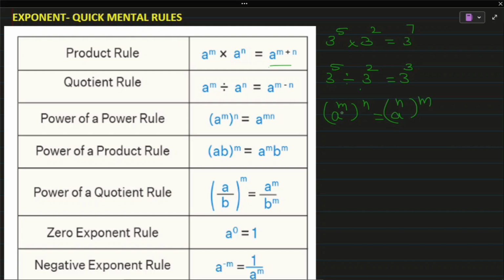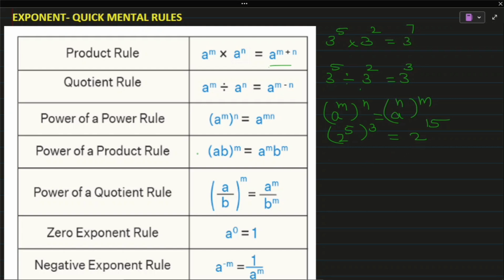That is, the inner power can be outside also, and the answer will be a raised to mn. Multiply these powers. For example, 2 raised to 5 whole raised to 3. These two powers we can multiply, so the answer will be 2 raised to 15.